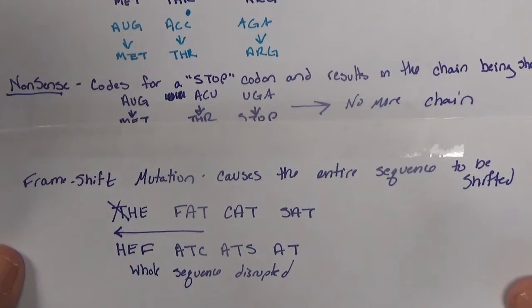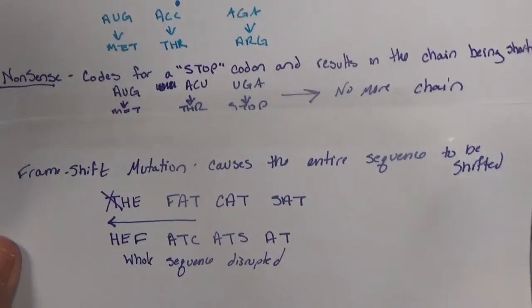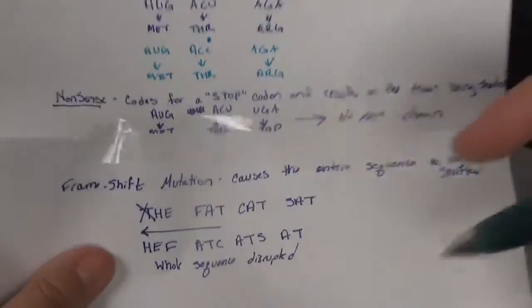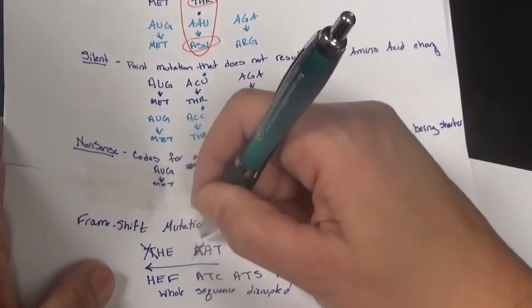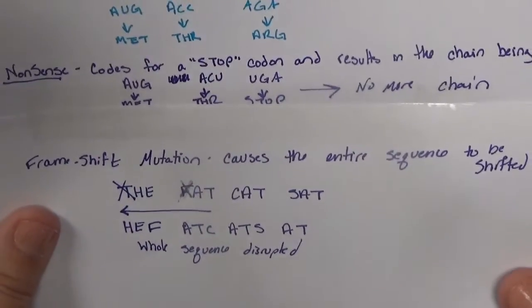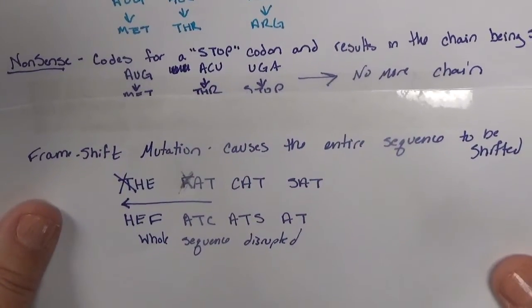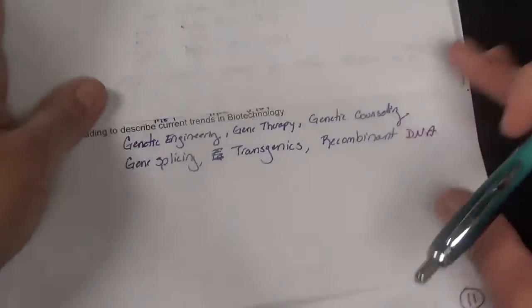Okay, so the whole sequence gets screwed up. Whereas if we just took out like the letter F, but kept everything the same, okay, you would still know it's something about a cat sitting. But if we take out the one letter and shift everything, that ruins the whole sequence. So those are your 4 basic types of mutations.